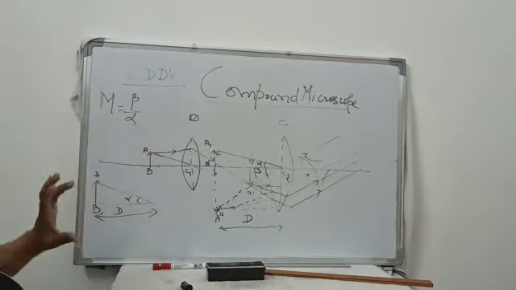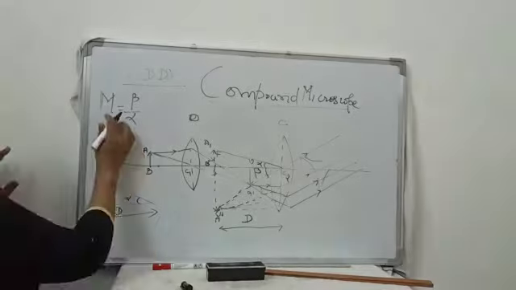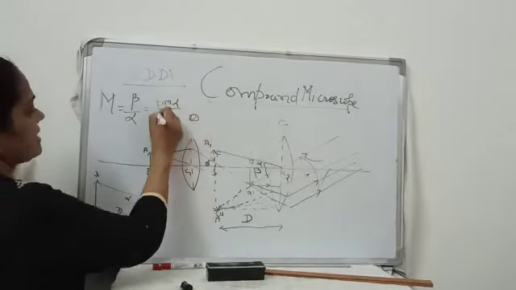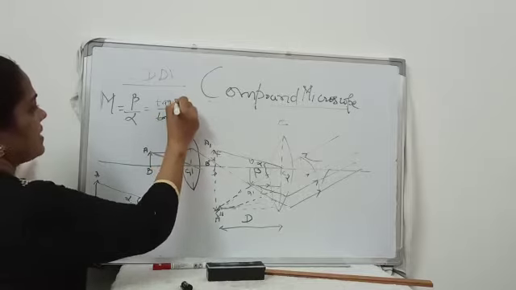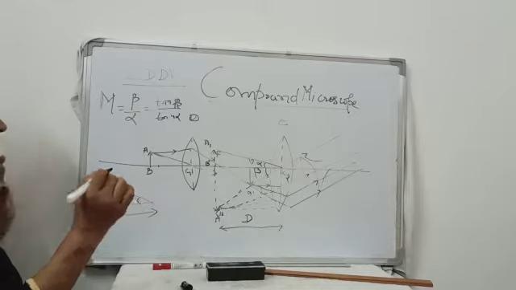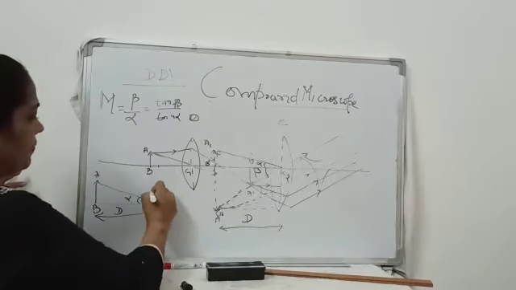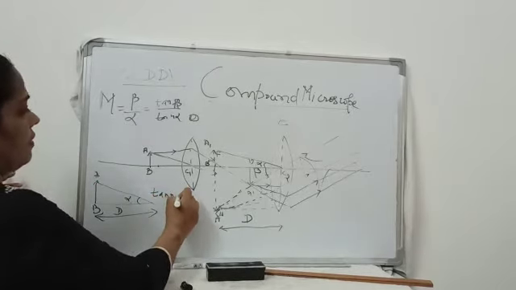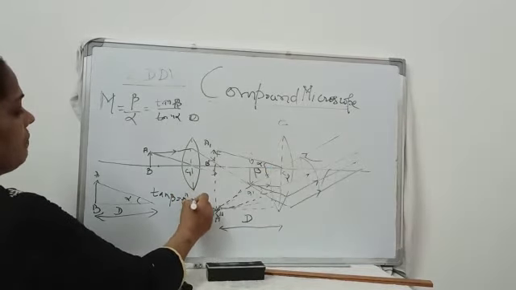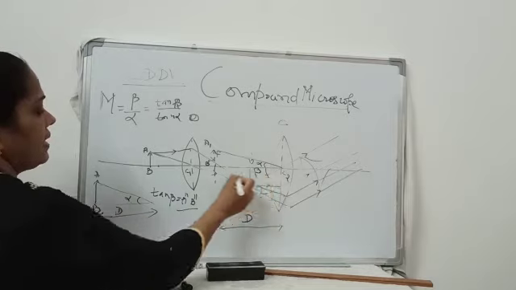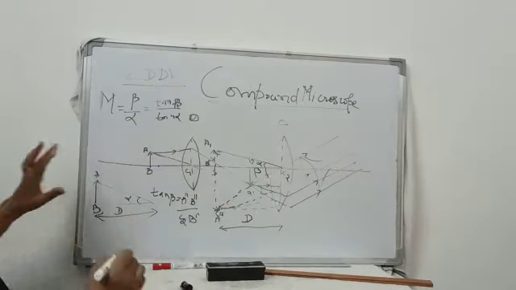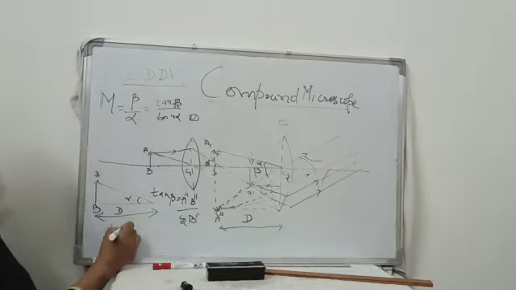Now let us calculate what is the magnifying power. M is equal to beta by alpha. Since the angles are small, it can be taken as tan beta by tan alpha. From the figure, tan beta is what? A double dash B double dash by C2 B double dash. And tan alpha is similar to this.